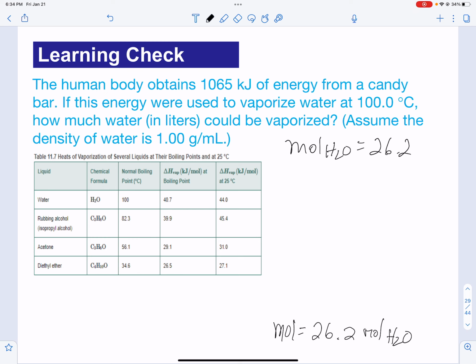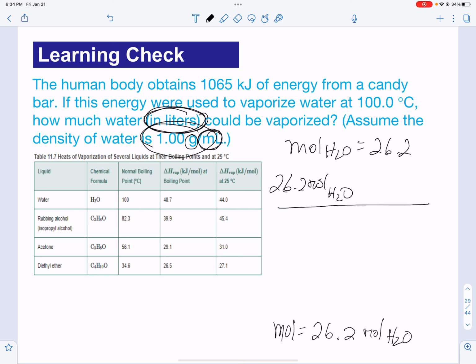The problem is asking how many liters. And it gives us the density. So if I want volume, I need the grams, right? So I know that if I have 26.2 moles of water, and I multiply that by the molar mass, I should be able to get the grams.